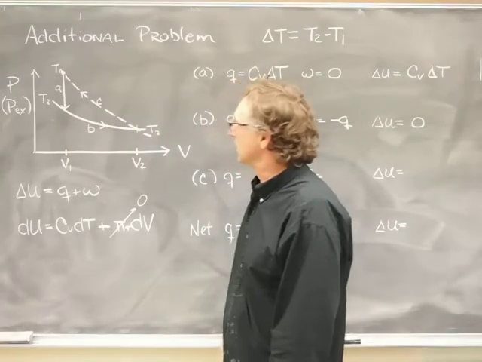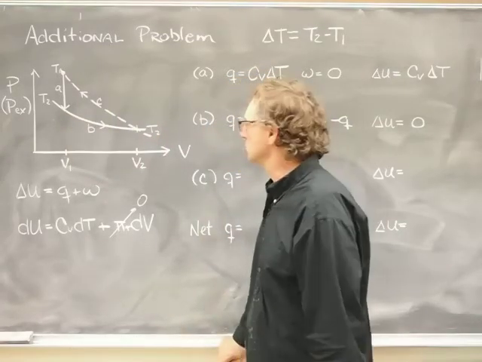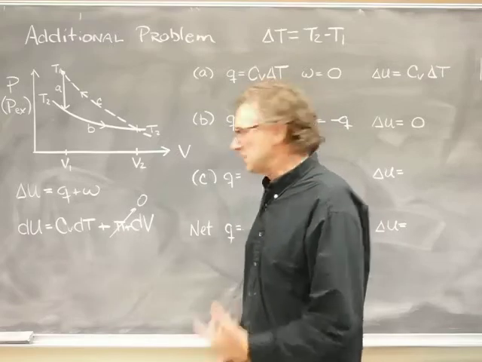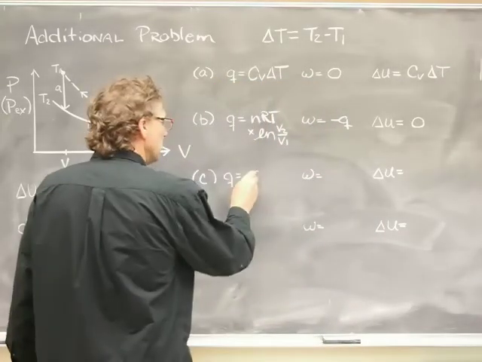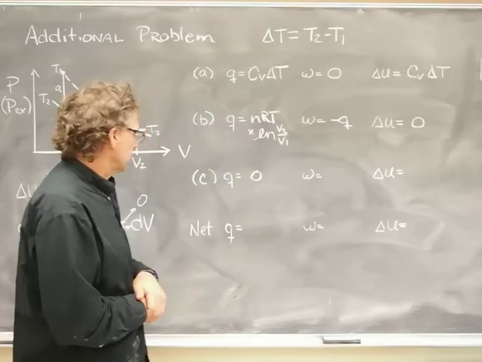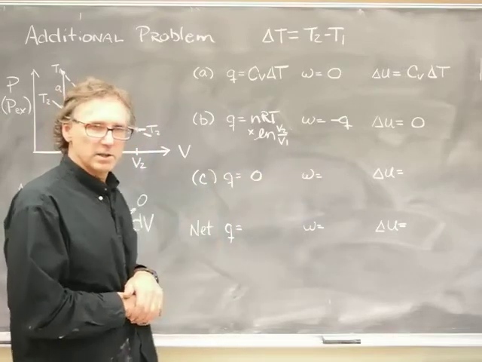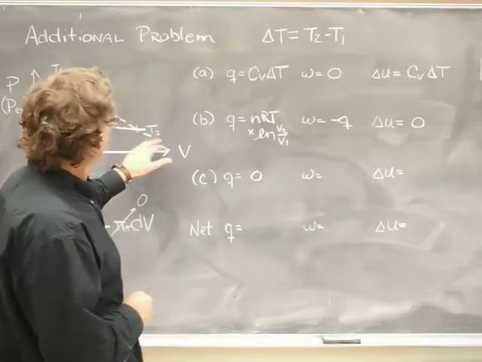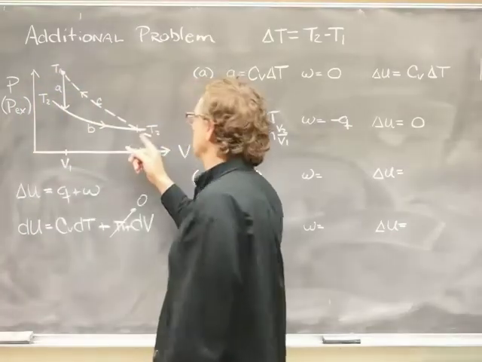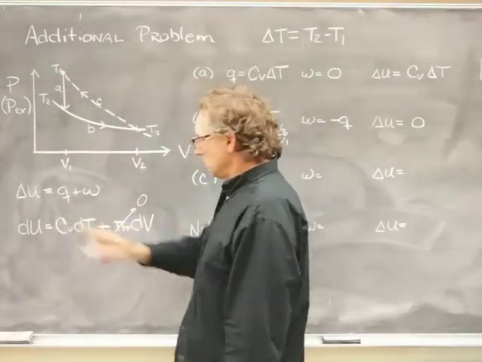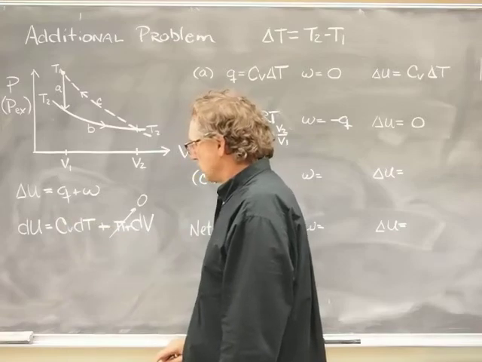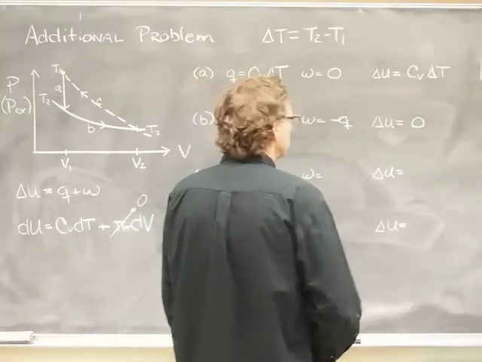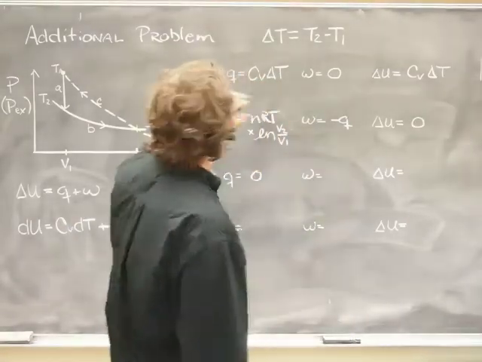And now we have the return trip that's going on a reversible adiabat, back to the original state. Since it's adiabatic, I can write down Q is 0 right off the bat, and now I need to figure out one of these two. Well, I can do the same kind of trick here, can't I? Because I know that I'm changing the temperature. The change in U only depends on the change in temperature, so that's going to be CV delta T. But now this delta T is going to be the reverse.